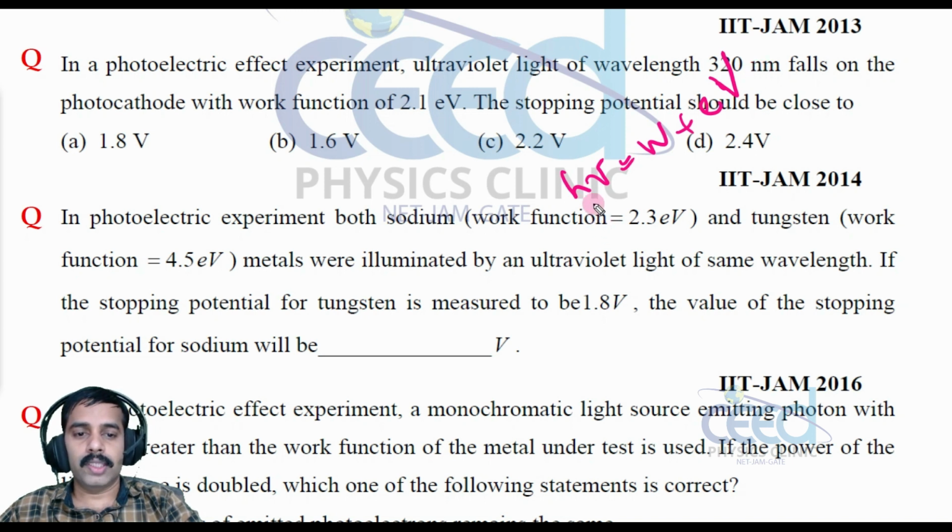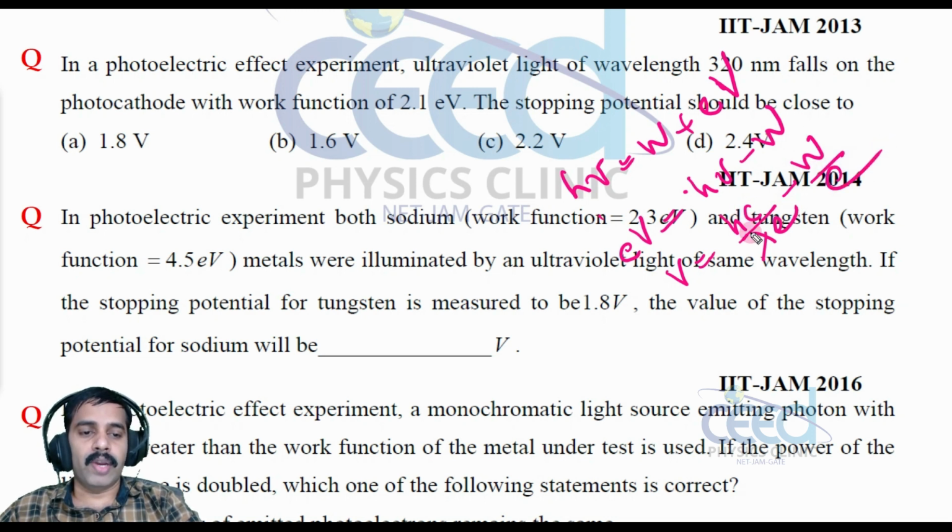So you can write this, we need to find eV, that is eV is equal to h nu minus W, all right. So now V is equal to hc by lambda e, where I am writing nu as c by lambda, and the e that I have taken to the right side, minus W by e.